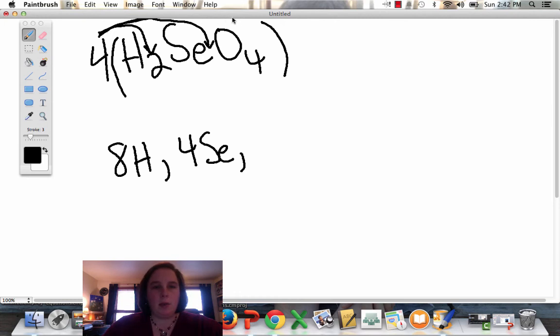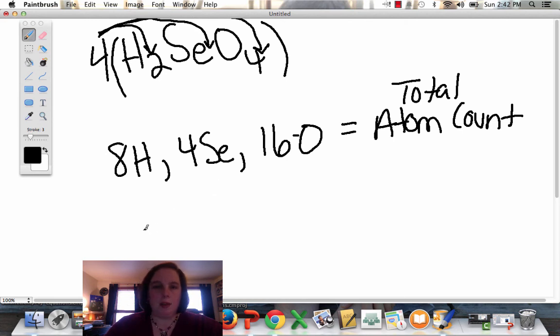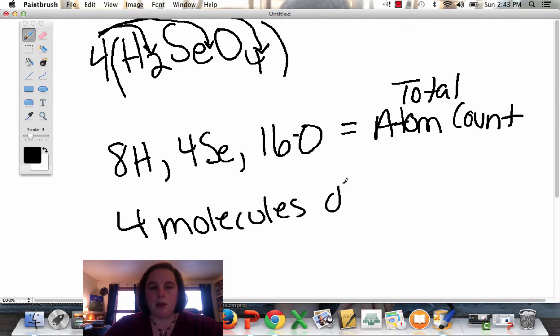And then 4 times 4 is 16 oxygen. Okay, so this is your atom count again. So this is the total amount of atoms. In fact, I'll write that, total atom count. And then you would read this as 4 molecules of H2SeO4.